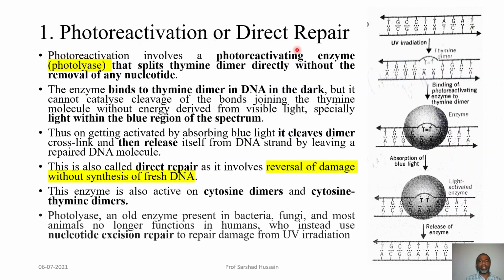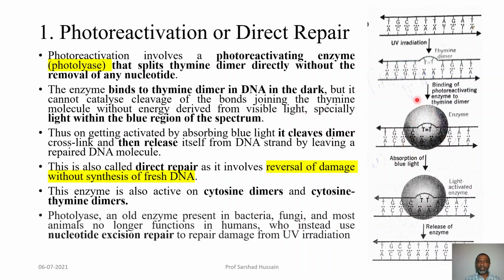Now, photoreactivation or direct repair. It is called direct repair or photoreactivation because the enzyme involved in the repair, photolyase, requires energy in the form of light, the blue light of the visible spectrum, to get its activity.